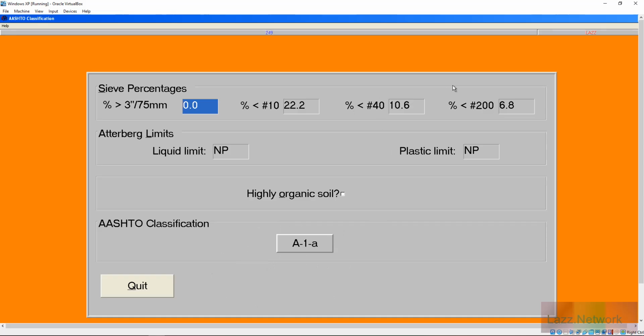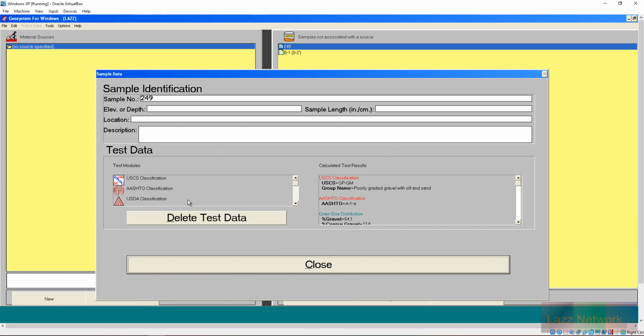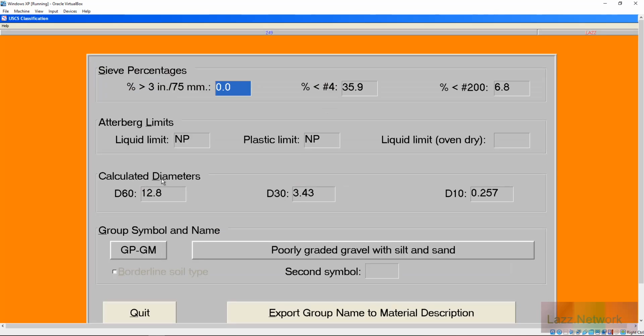As an A-1-a, which makes sense. Wow, that's wild. You know, I mean 6.8, which makes sense.